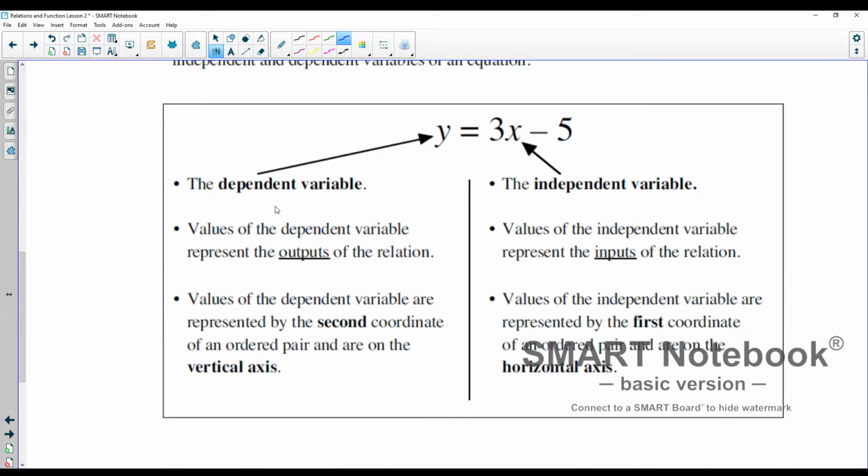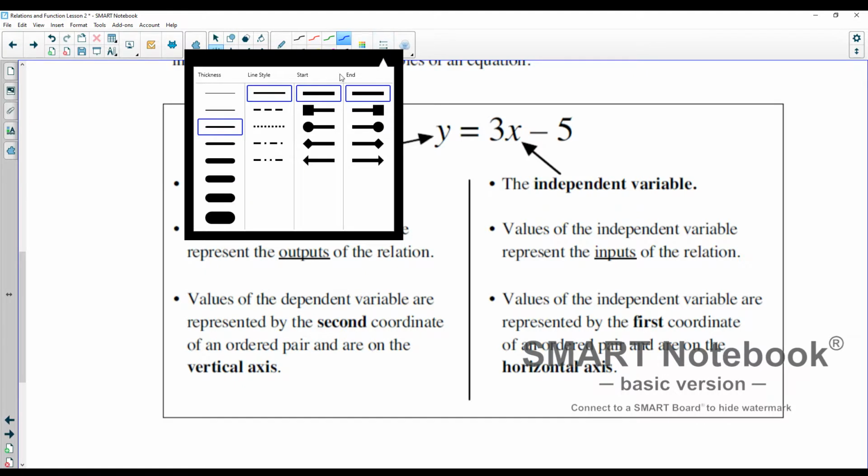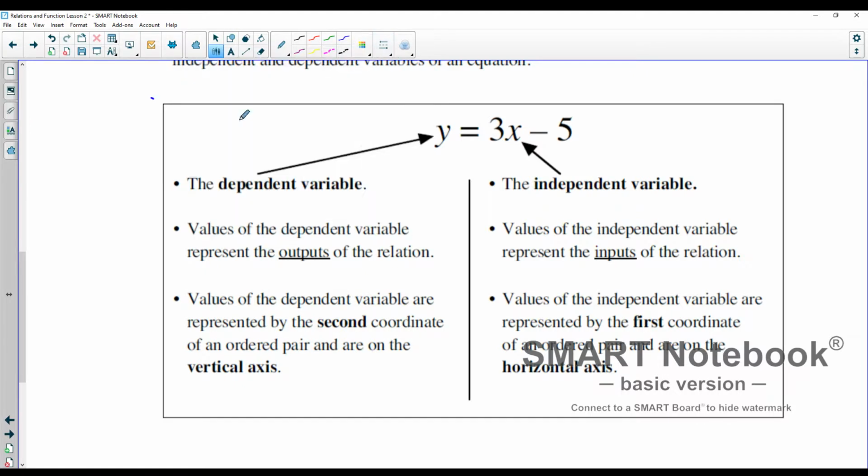Okay, so let's go to this equation. We have y is equal to 3x minus 5. Now, this equation that relates y and x together, we refer to that in math as being a relation.